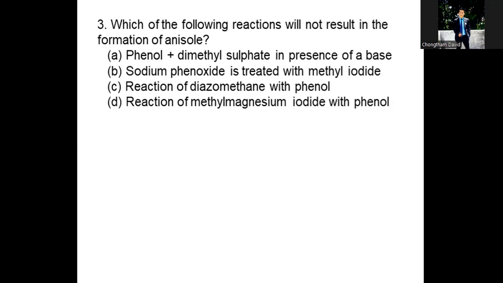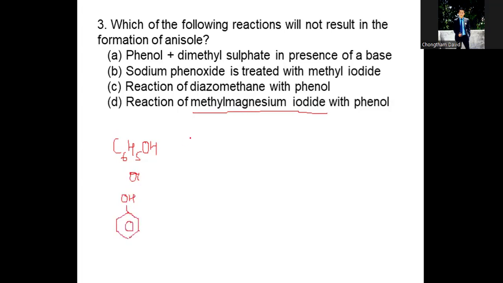So question number 3. Remember, phenol has active acidic hydrogen, so it reacts with this Grignard reagent. You know the formula of phenol, C6H5OH. Or you can write it like this with the help of the benzene ring.